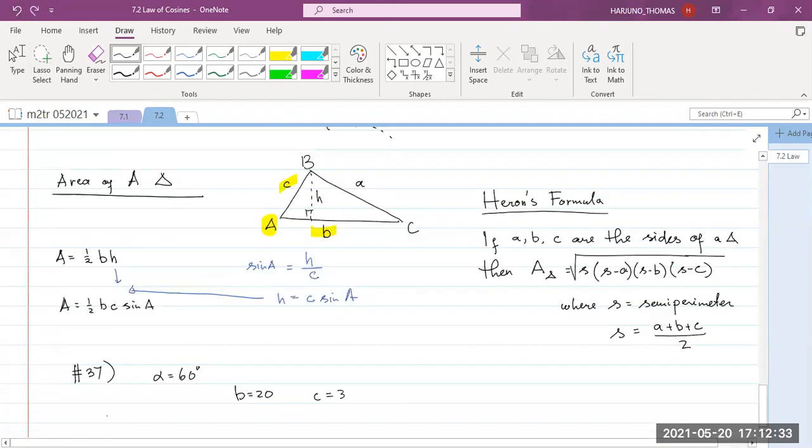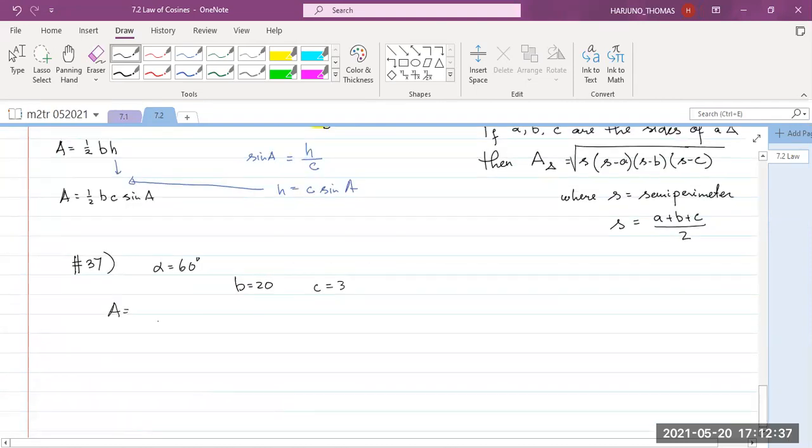So the area is equal to 1/2 BC sine alpha, sine 60 degrees. When I plug in numbers, this is 1/2 times 20 times 30 sine 60 degrees.